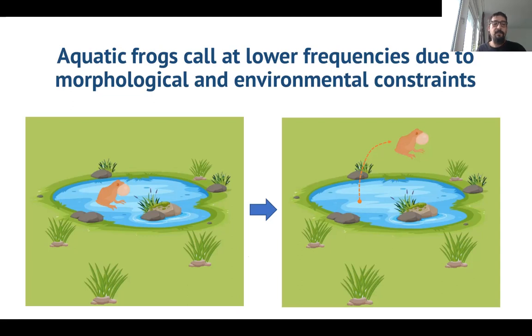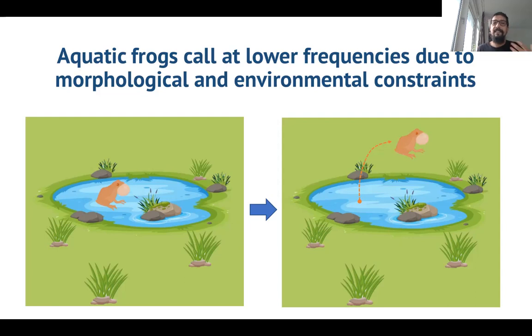So what we are trying to do now in the incoming studies is to look deeper at these different calling sites and how they can influence the calls of frogs. So for example, we would be interested in having an idea of the timing of the changes across the phylogeny. Are transitions from one calling site to the other rapidly followed by changes in the signals or not, or vice versa?